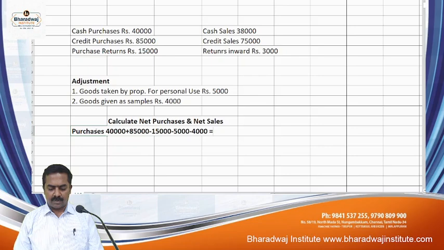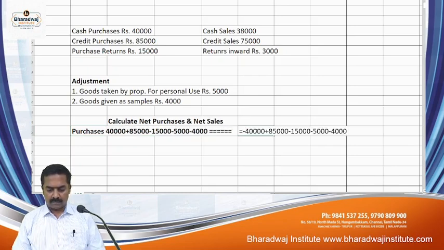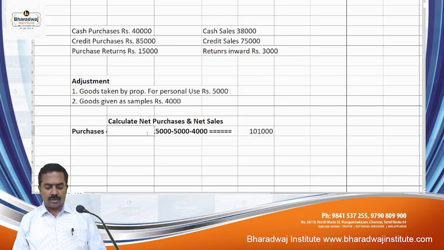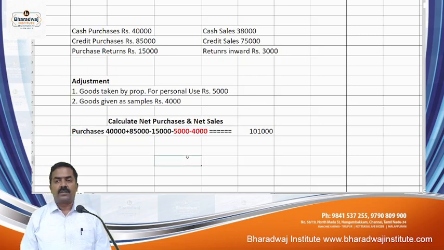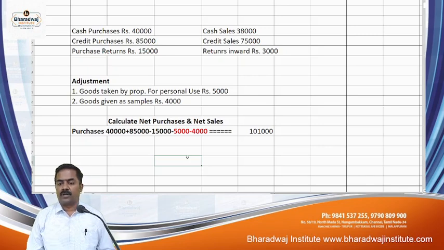You will get the net amount: 1,01,000. So we will eliminate purchase returns. We will also eliminate goods taken by proprietor for personal use.